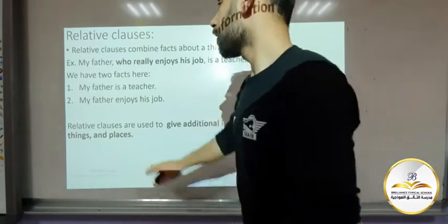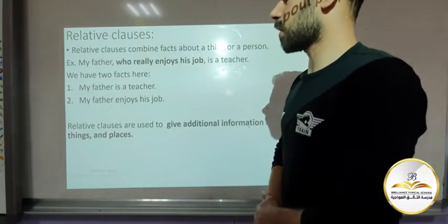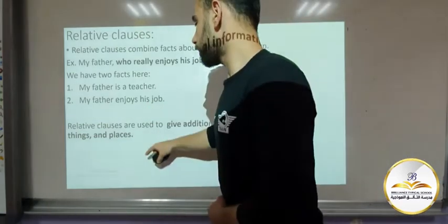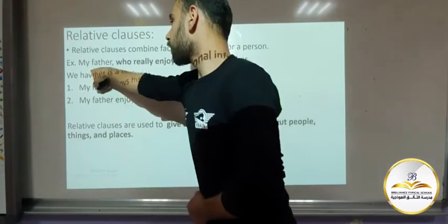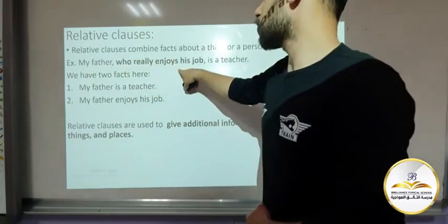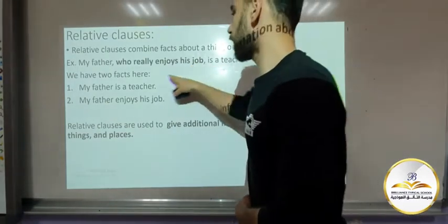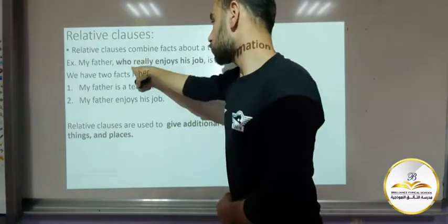I can say my father is a teacher, and I stop. But I want to add more information about my father, so I'm going to say my father, who really enjoys his job, is a teacher. So I want to say that my father is a happy teacher or enjoys his job.